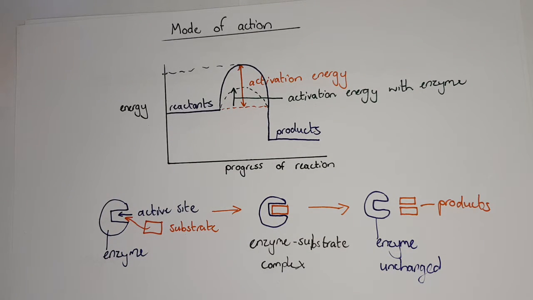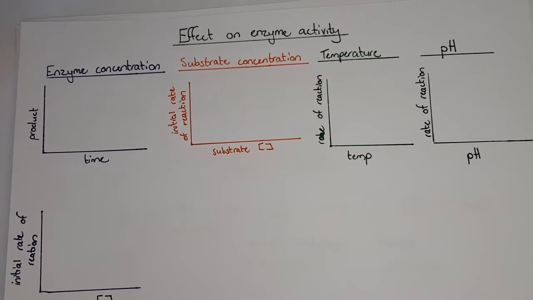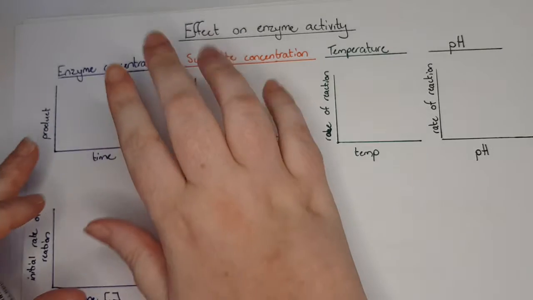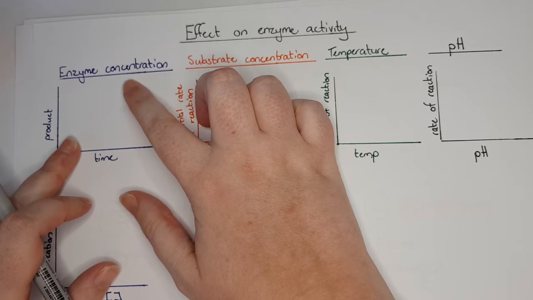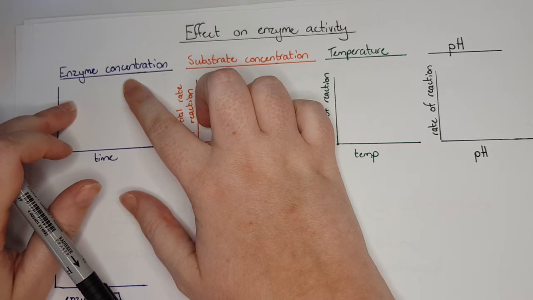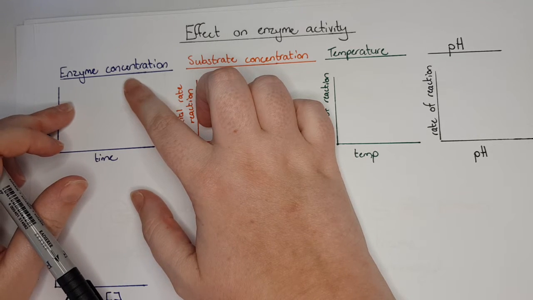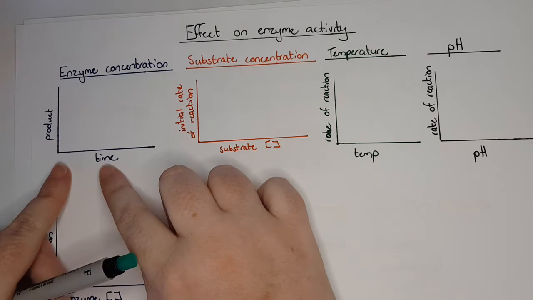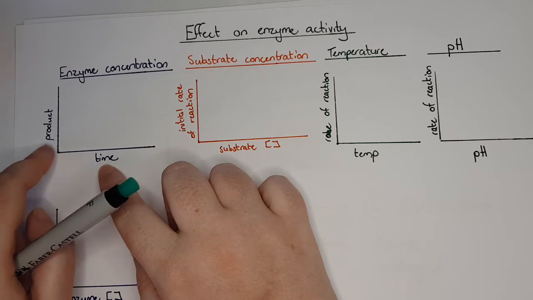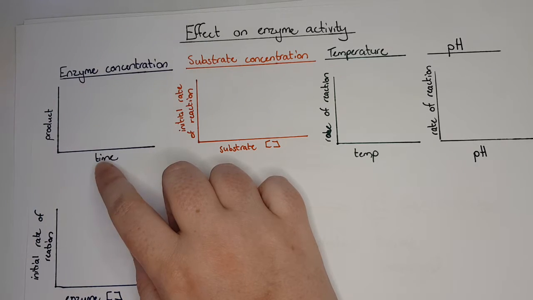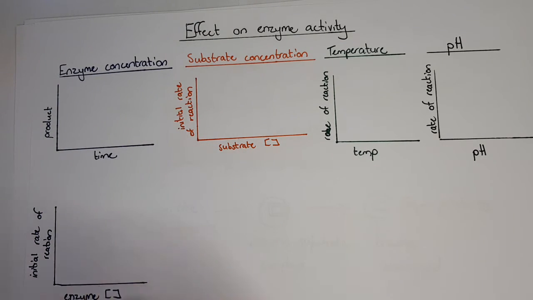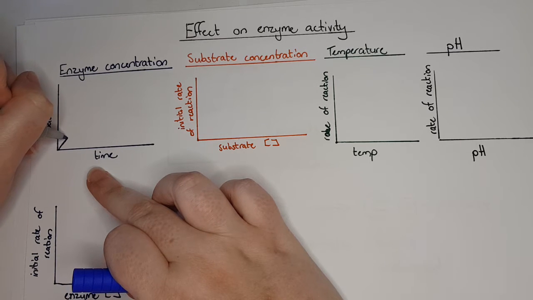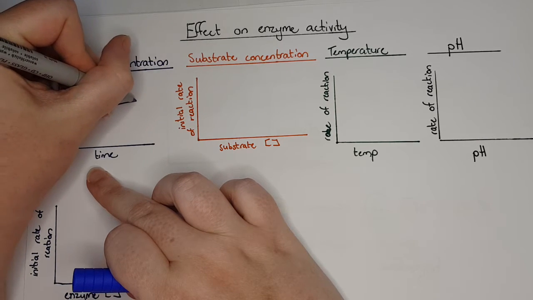So now we can look at the effect on enzyme activity by different things, starting with concentration of the enzyme. Enzyme concentration is how much enzyme we have. If we plot a graph of a reaction happening over time and how much product we have, I would have it starting at 0, increasing my amount.